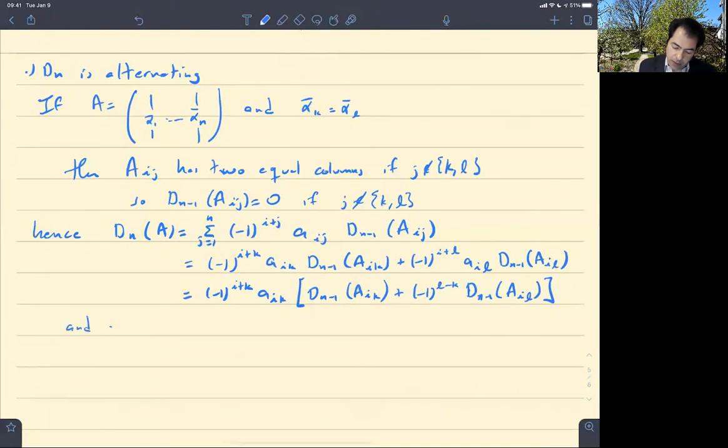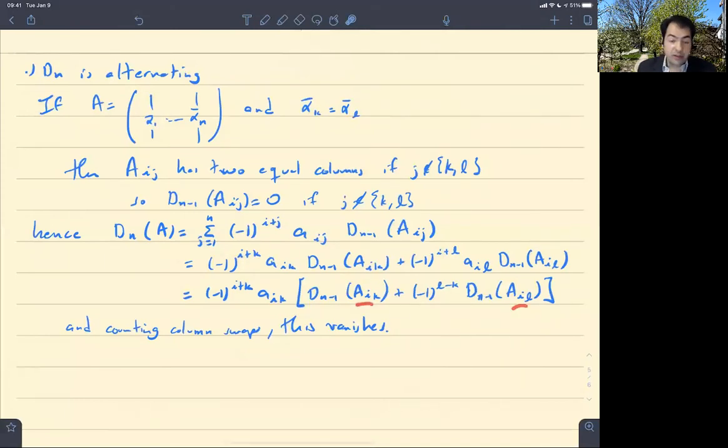And counting column swaps, this vanishes. This matrix and this matrix have the exact same columns, except possibly for the order. Because A has two repeated columns, alpha_k and alpha_l, and here I've removed alpha_k, and here I've removed alpha_l.